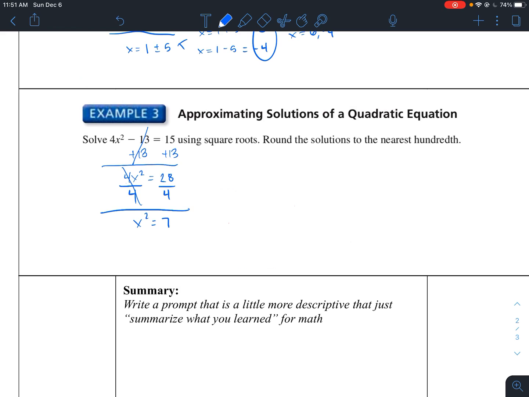And then to get rid of this exponent, I can take the square root of both sides. So the radical and the exponent cancel. And then I have x is equal to plus or minus the square root of 7. So here I'll have two solutions.